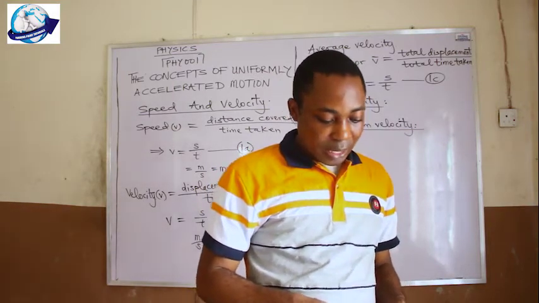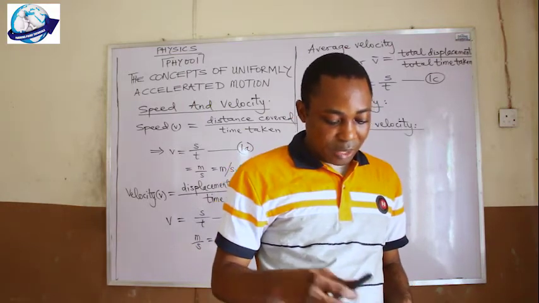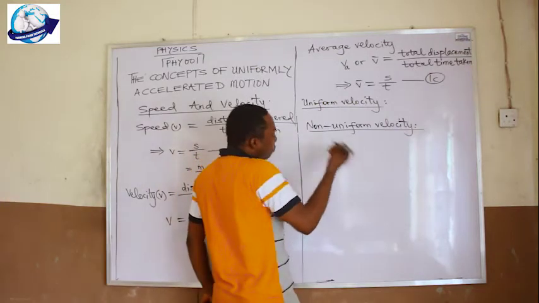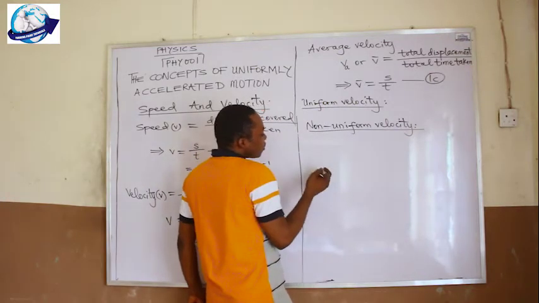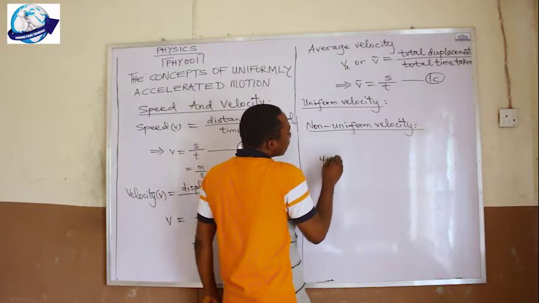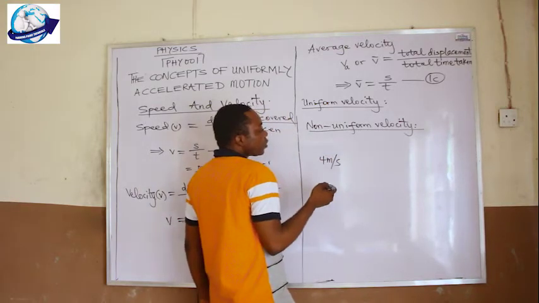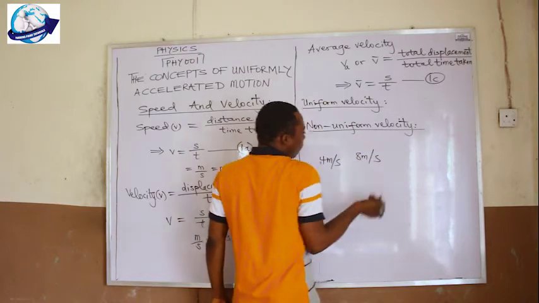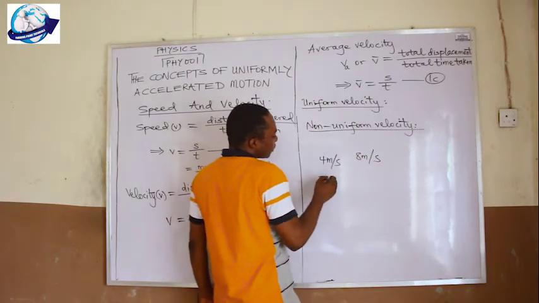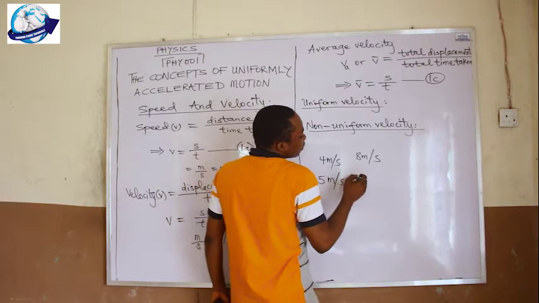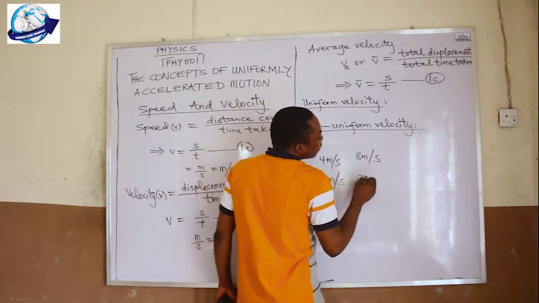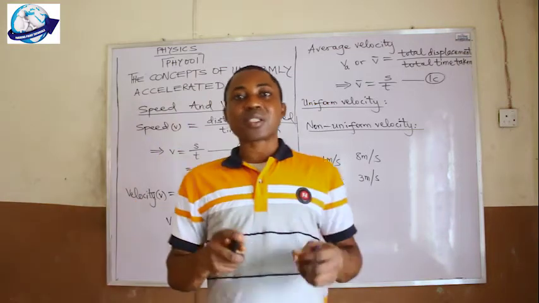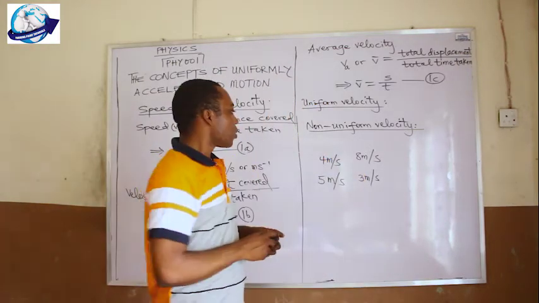An example is when a body was moving with a velocity of 4 meters per second, and later changes to 8 meters per second, or if a body was moving with 5 meters per second, later changes to 3 meters per second, it doesn't maintain that distance covered for every second.